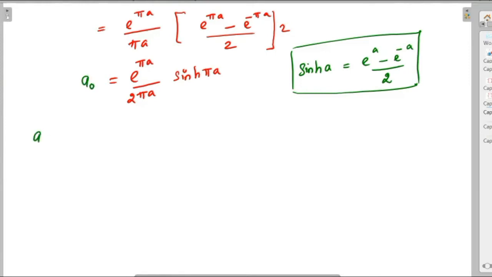Next one is a n, 1 by pi integral 0 to 2 pi f of x cos nx dx.